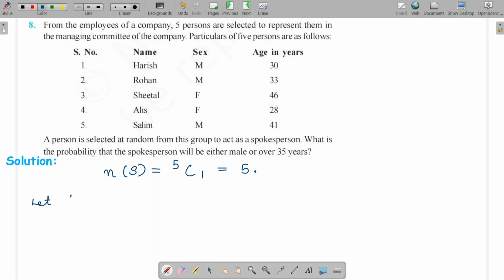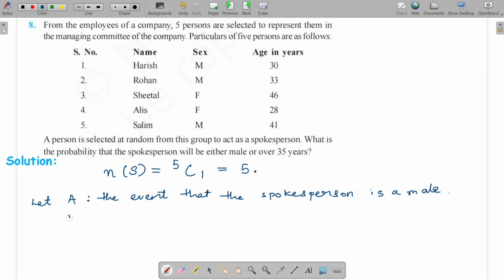Okay, so let A be the event that the spokesperson is a male.